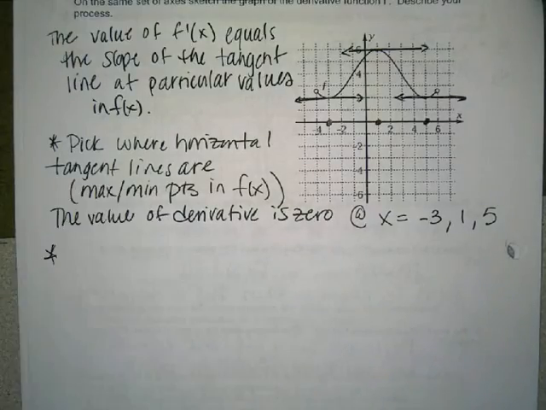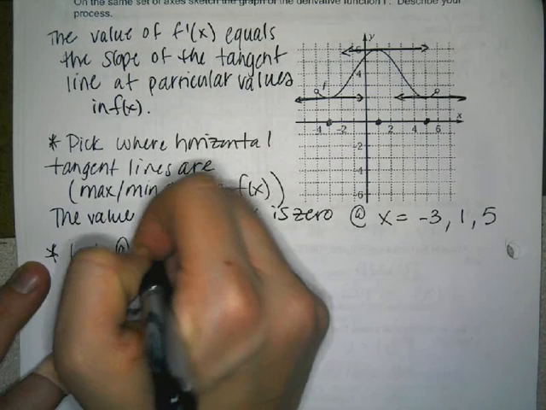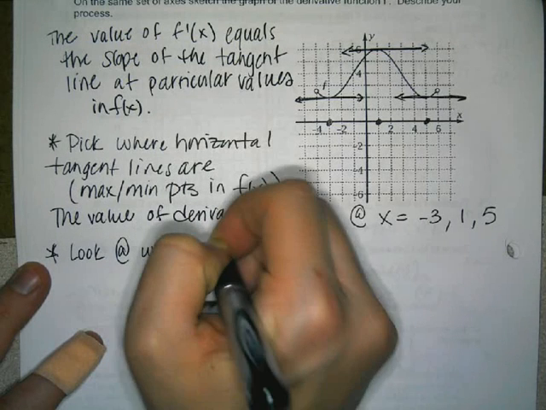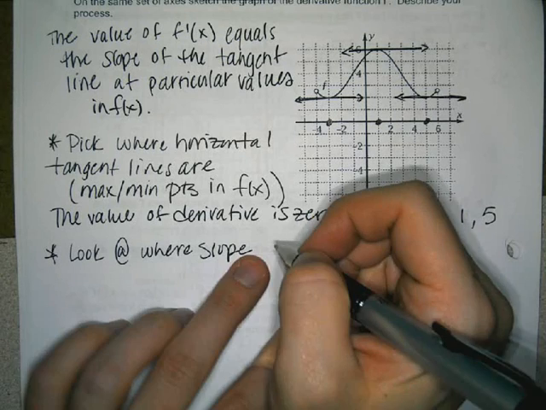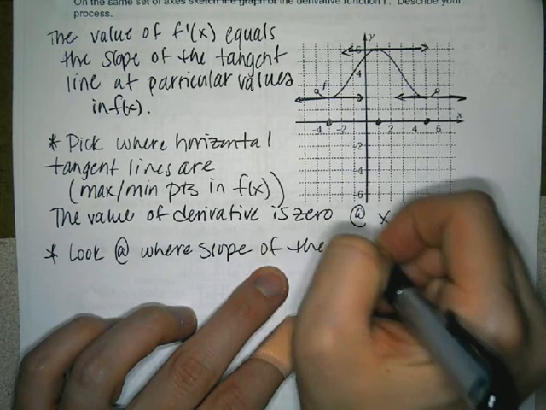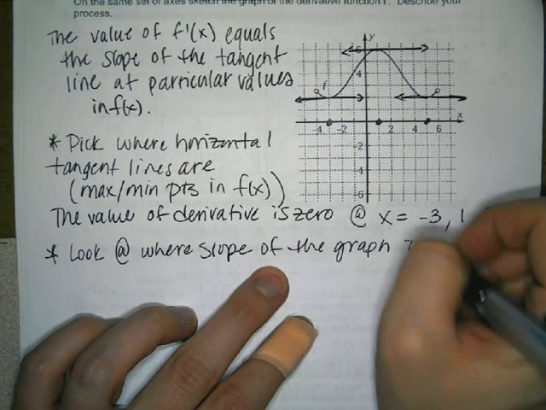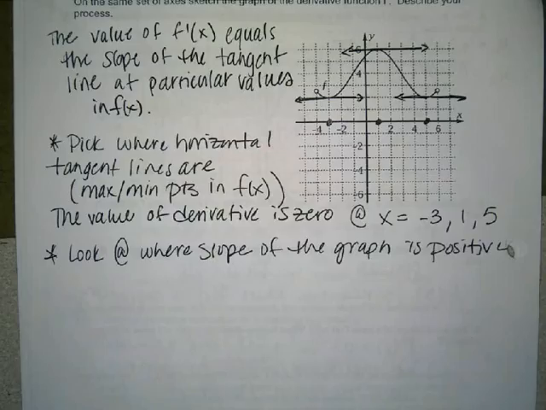Okay, the next part that we usually focus on is we're going to look at where the slope, TJ, I'm not going to ask again, where the slope of the graph is positive. Okay, so we're looking at the original graph. Where is the slope of the graph positive?